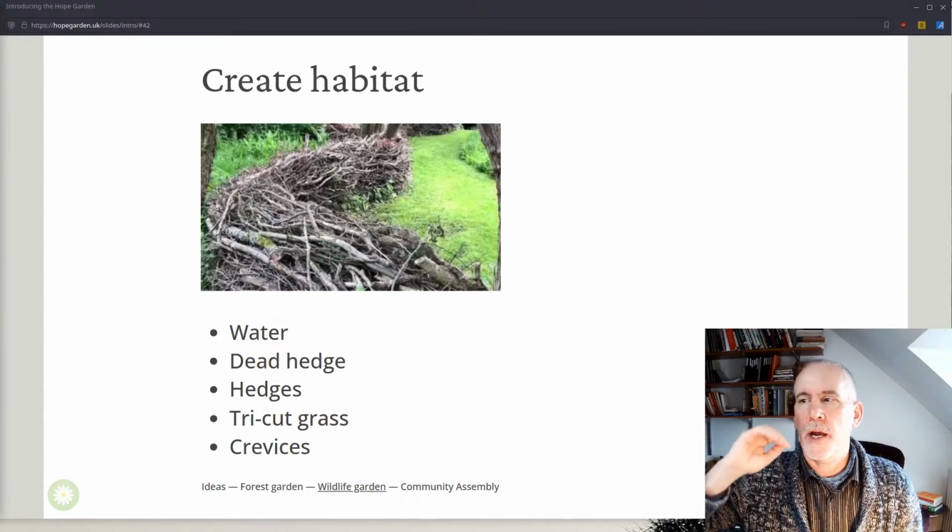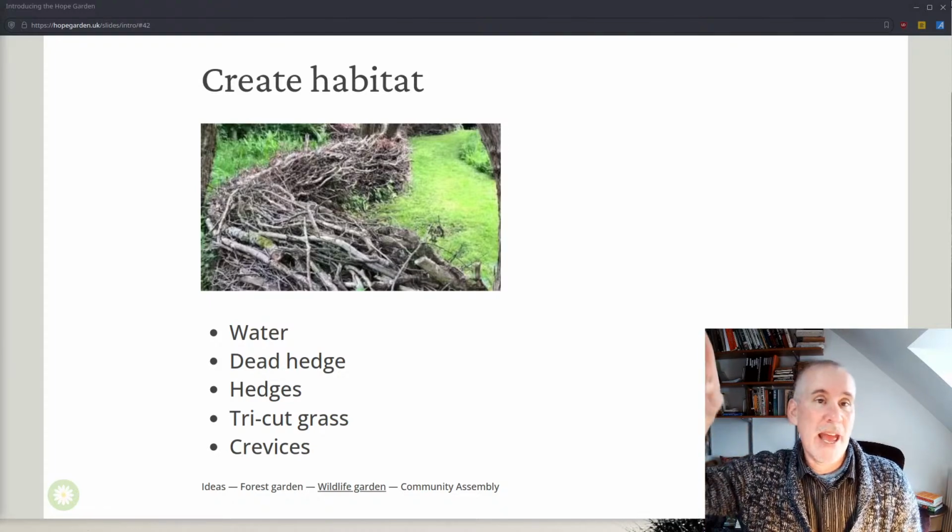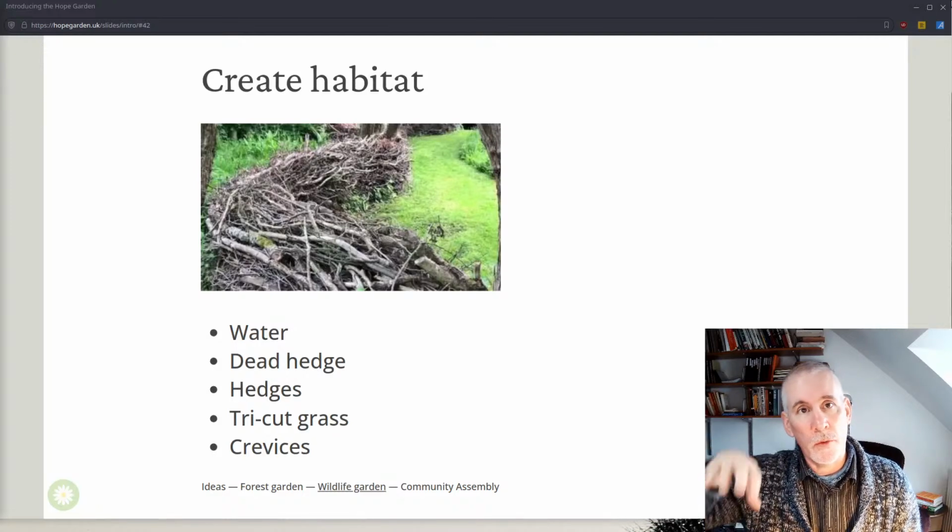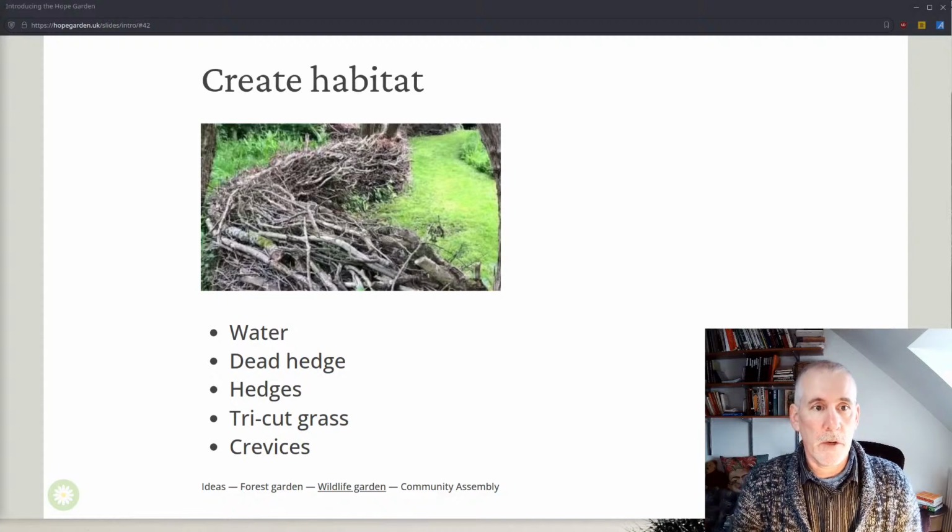There's one bit which you cut every month, one bit which you cut every three months, and one bit which you just leave for that year, and then just vary it. So you're creating three different habitats on grass alone.